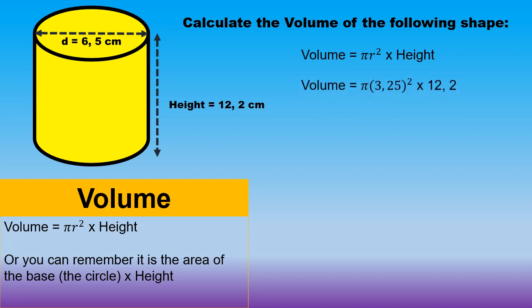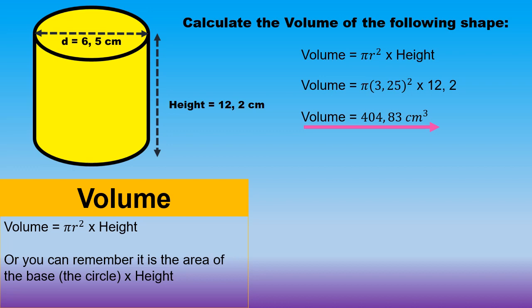Okay, radius we're going to substitute, it's 3.25. And if you work it out, it gives you 404.83 centimeters cubed. And that is your answer. Easy peasy, lemon squeezy.